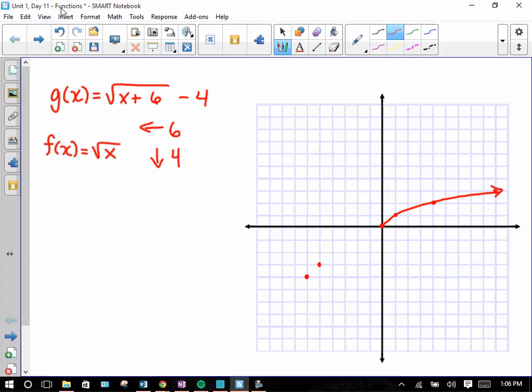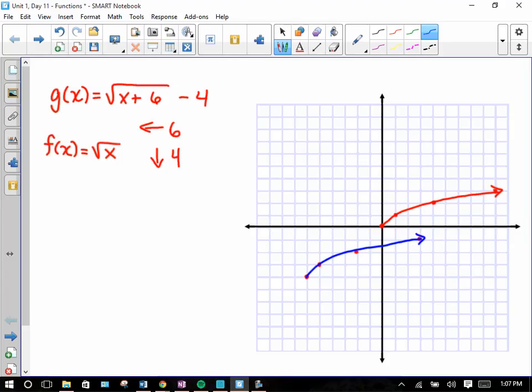This point, left 1, 2, 3, 4, 5, 6, down 1, 2, 3, 4. This point, left 1, 2, 3, 4, 5, 6, down 1, 2, 3, 4. There's my graph. Each point moves.